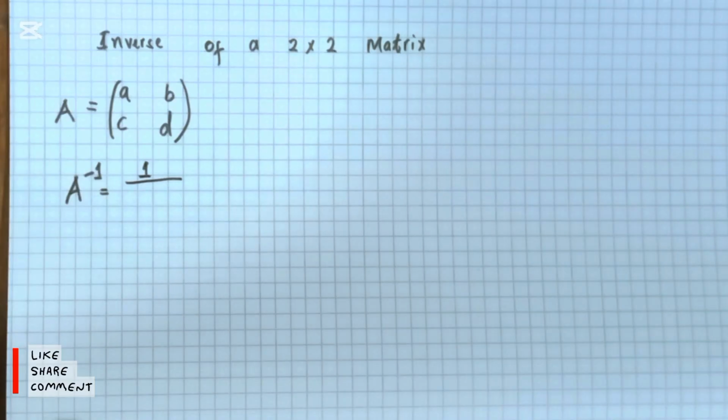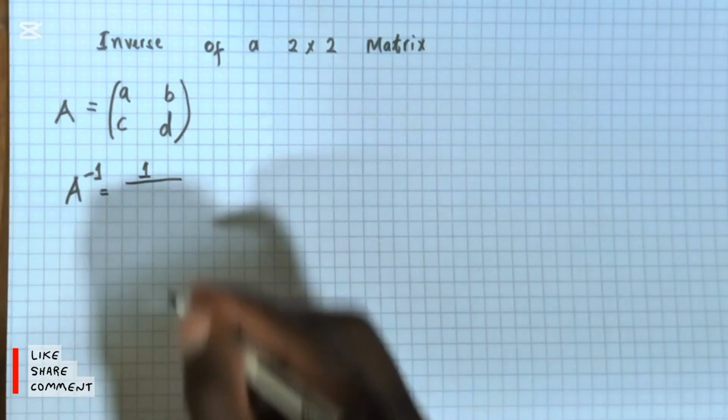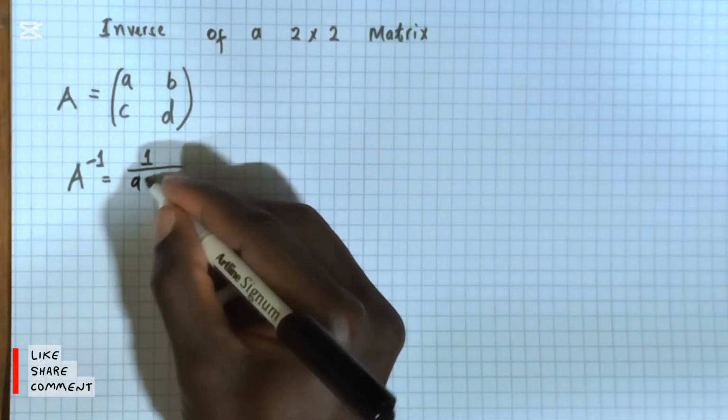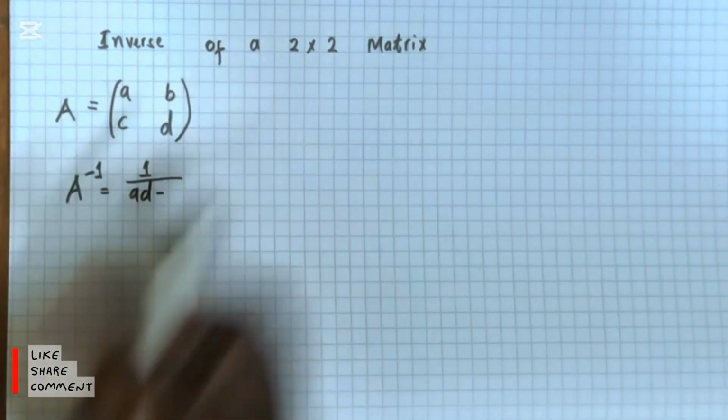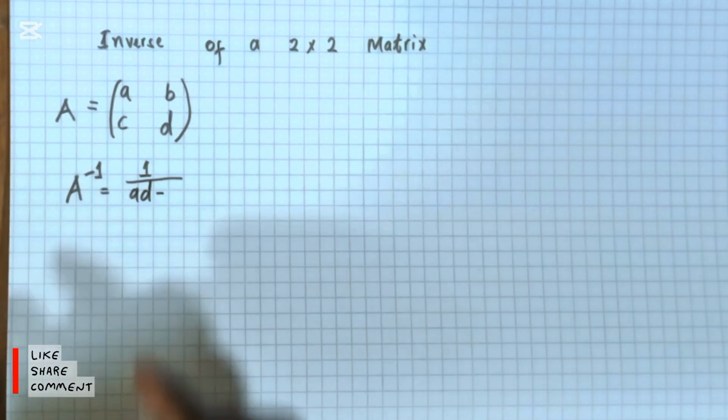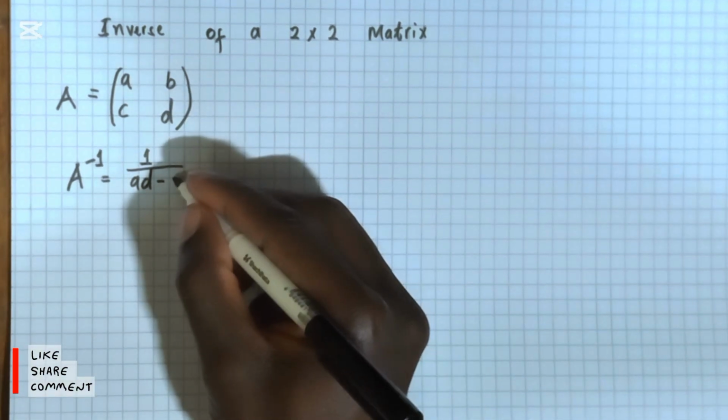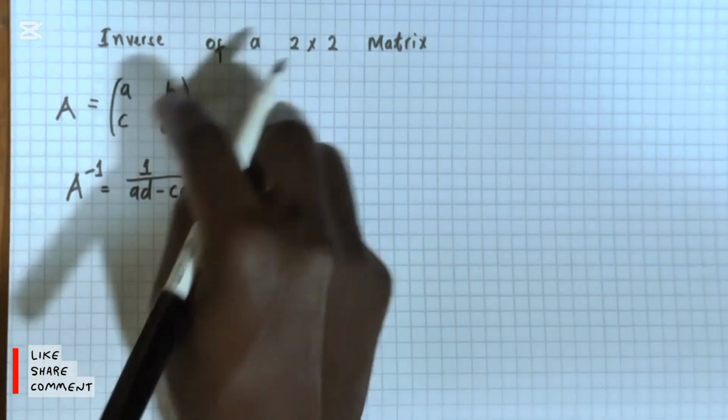So that will be 1 all over. How do we calculate the determinant? Multiplying elements of the main diagonal. So it will be 1 all over AD minus elements of the other diagonal, the product of that is going to be C times B.